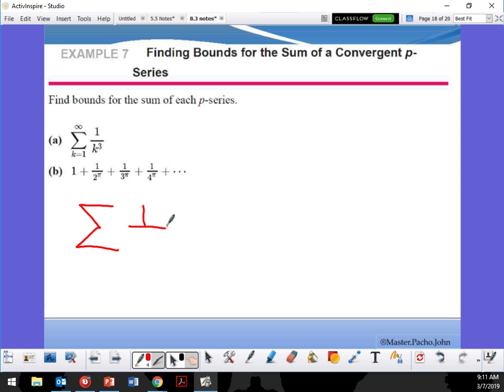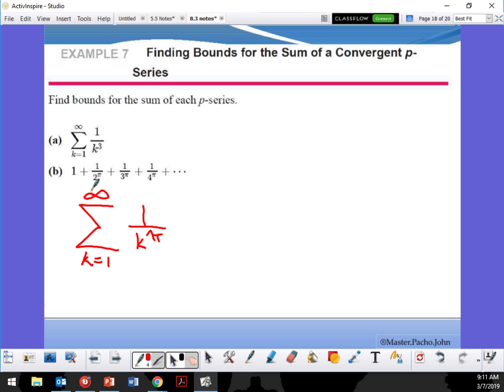The sum of 1 over k to the pi. What am I including here? One to infinity. There we go. It's not bad, right? So how am I going to write this out now?